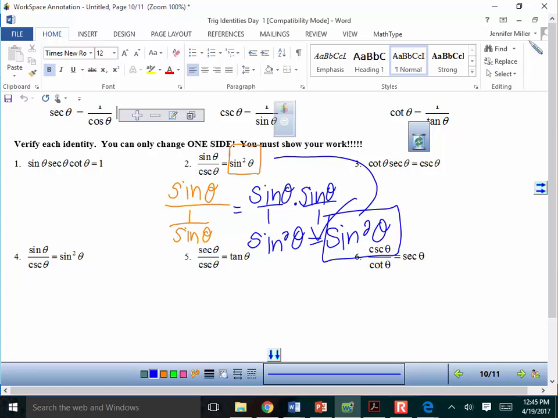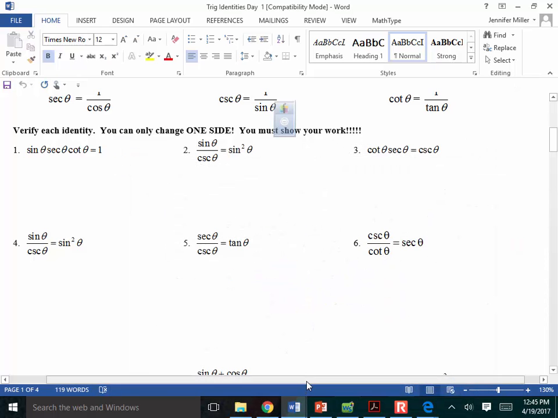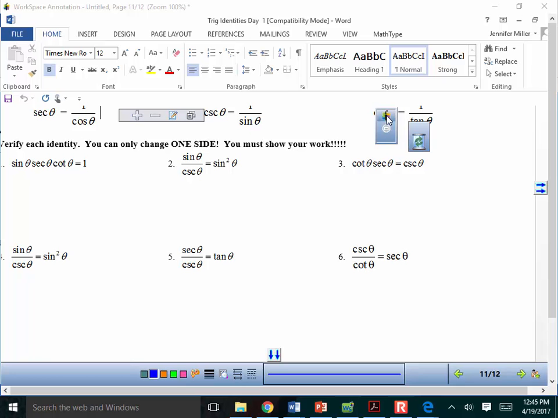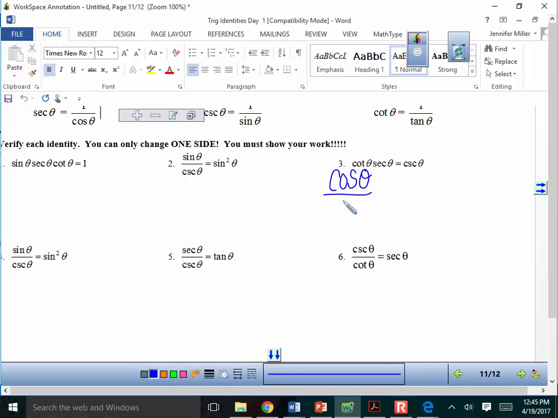All right. So let's look at example number 3. All right, guys, on example number 3, how can I rewrite the cotangent of theta? Cosine of theta over sine of theta. Times, how can we rewrite the secant of theta? 1 over the cosine of theta.